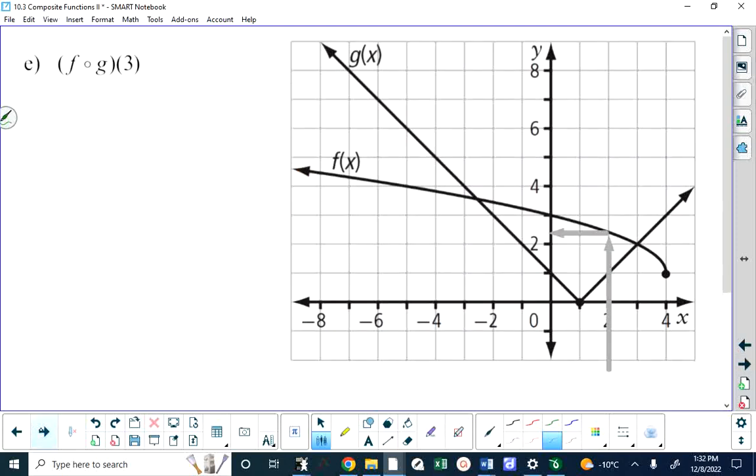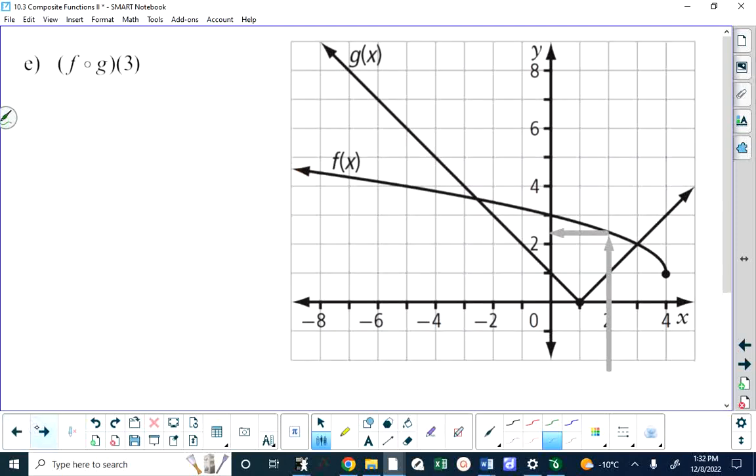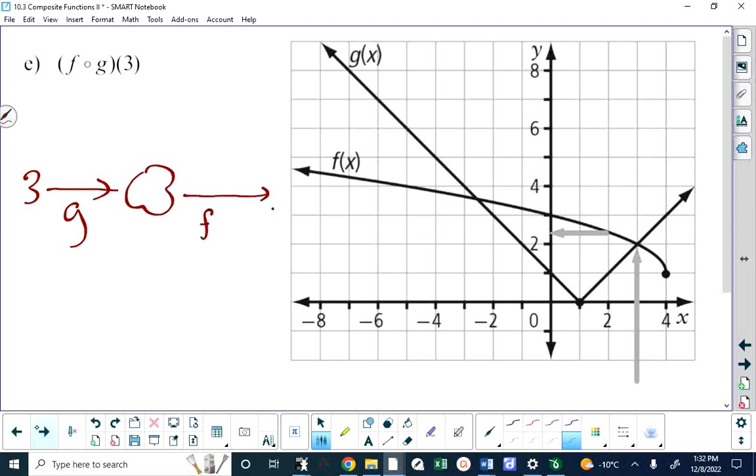Good. f of g of 3. So we just did g of f of 3. Let's do f of g of 3. I'll write it down again. 3 this time goes through g, then whatever comes out goes through f to get the answer. 3 goes in, and for g, 2 comes out. 2 now becomes the x-coordinate for f.